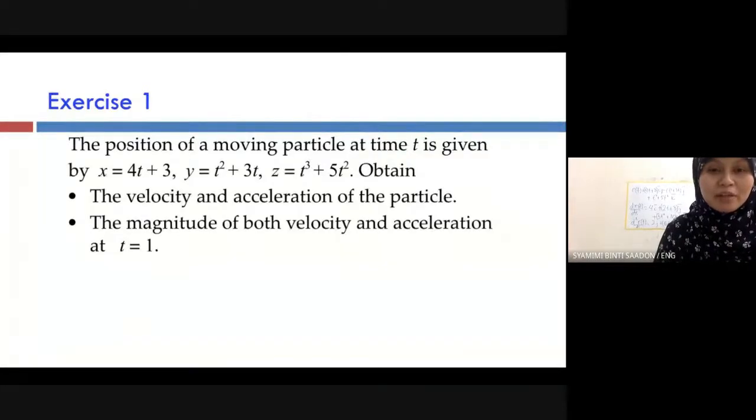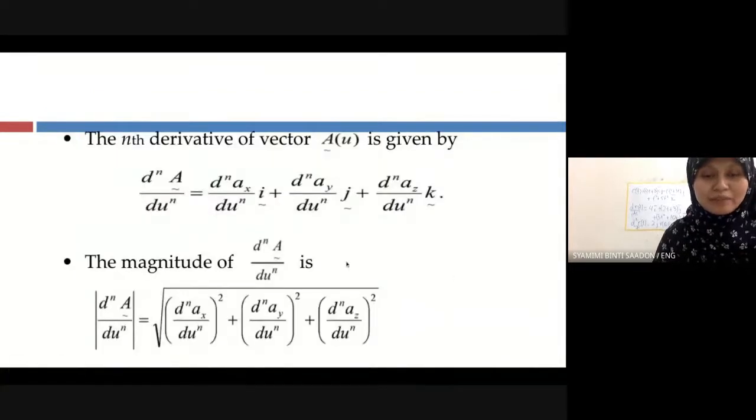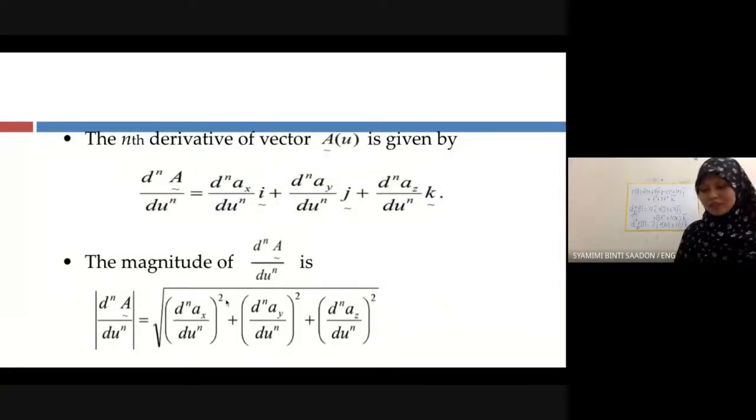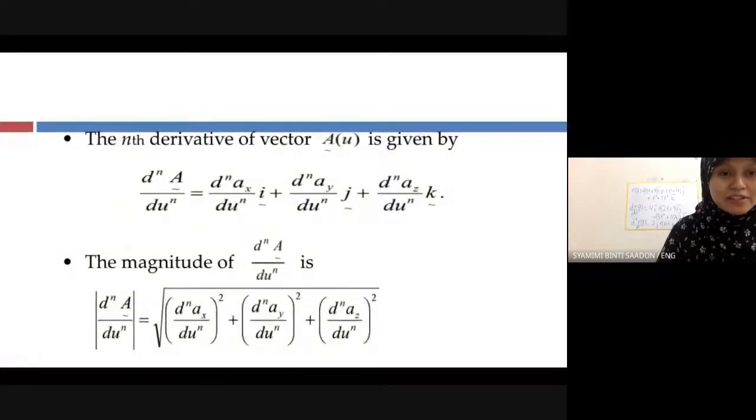Then the magnitude of both velocity and acceleration at t equals 1. We have to take the square root of the sum of the squares of each of the components i, j, and k. I just give the answer for the magnitude.